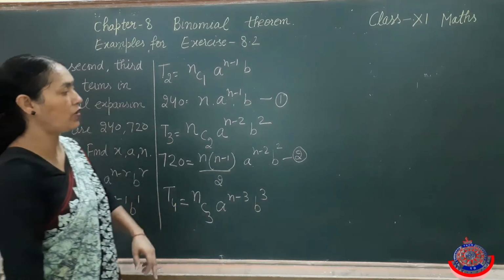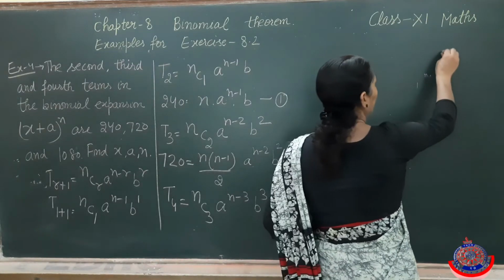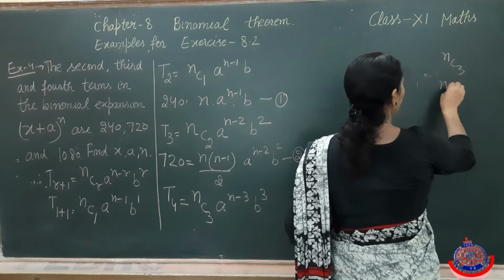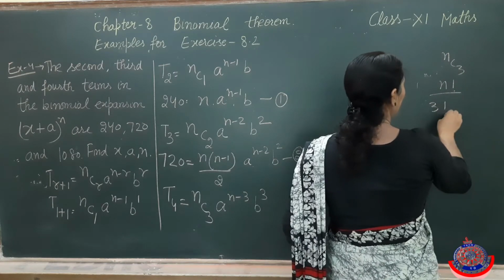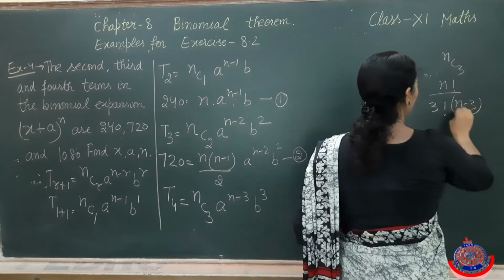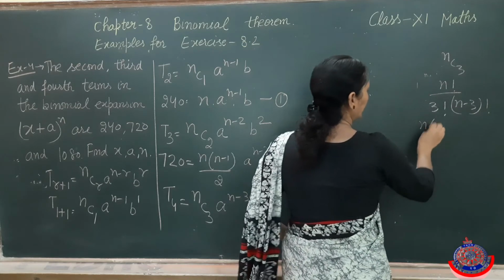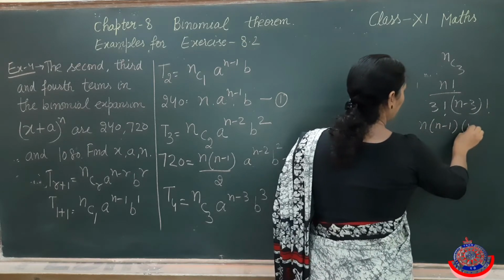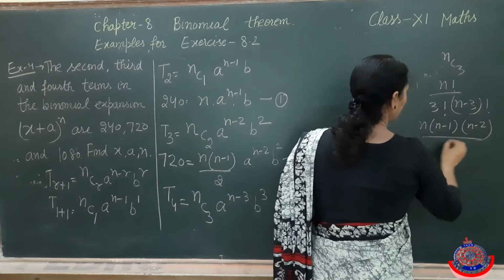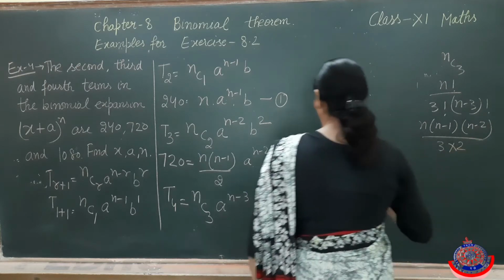Now n combination with 3: nC3 is n factorial upon 3 factorial (n minus 3) factorial, so it will be n(n minus 1)(n minus 2) upon 3 into 2.